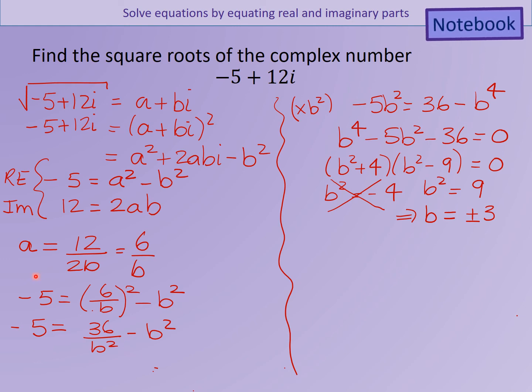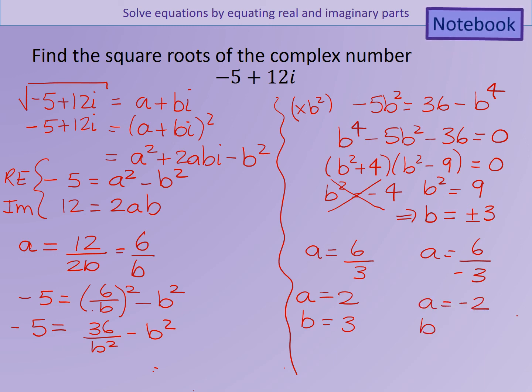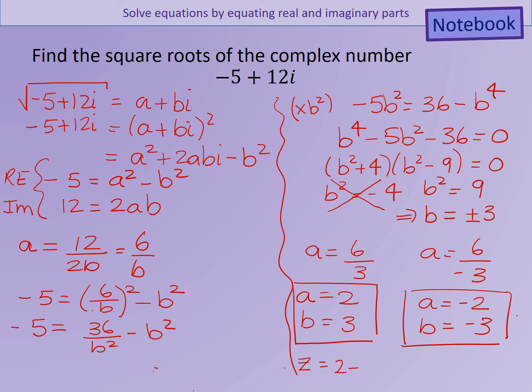Substituting this into our equation for a here, we then have a is equal to 6 over 3 and a is equal to 6 over minus 3, which is a is equal to 2 when b is equal to 3, and a is equal to minus 2 when b is equal to minus 3. So we then have two complex numbers, z is equal to 2 plus 3i, and z is equal to minus 2 minus 3i.